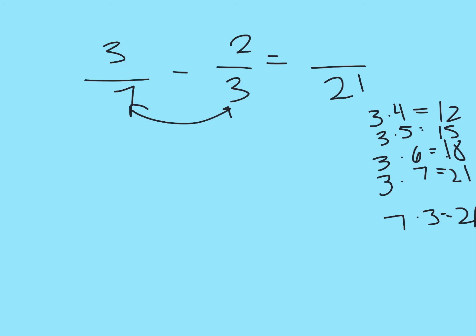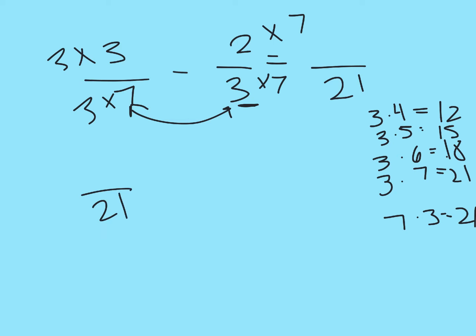So what times 7 gives me 21? Well, 7 times 3. So I'm going to do 3 here times 3 here too. And what times 3 gives me 21? Times 7 here.